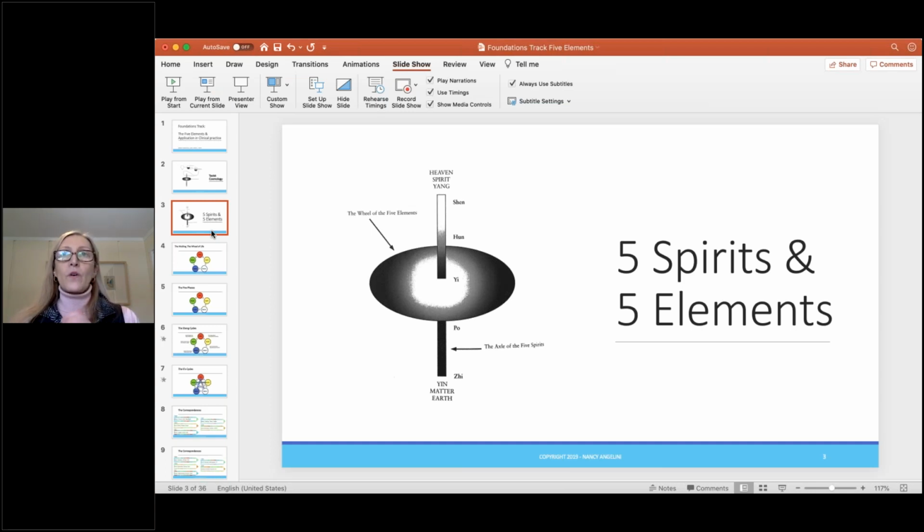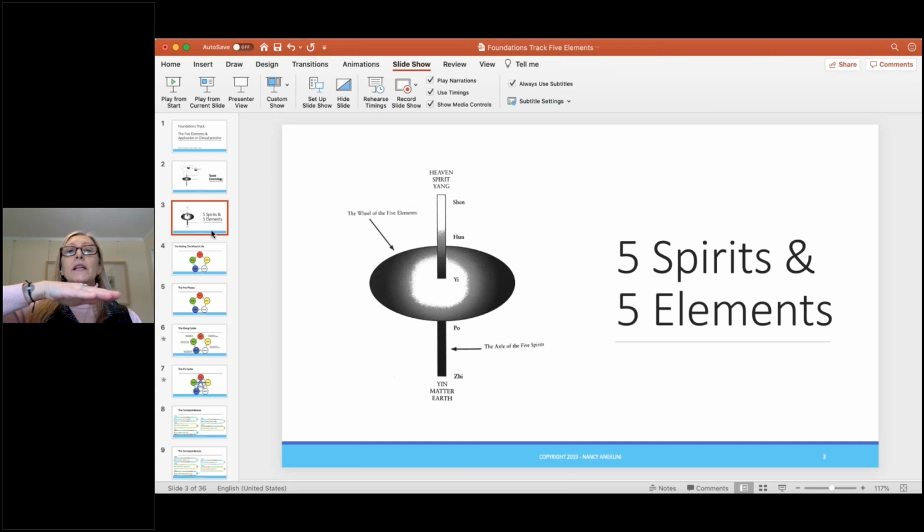There's the vertical part of the wuzhing: the heaven, the spirit, the yang into yin, that which was not matter, and it turns into matter through this wuzhing, the wheel. The horizontal part of the wheel is north, south, east, west, and it's also water, wood, fire, earth, and metal, and it's going to go like that.